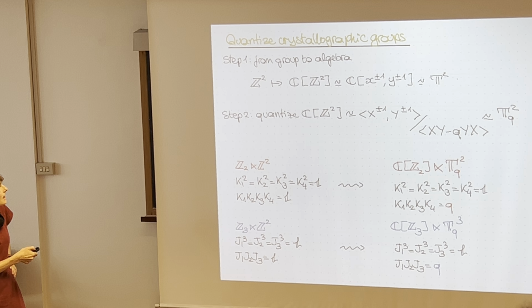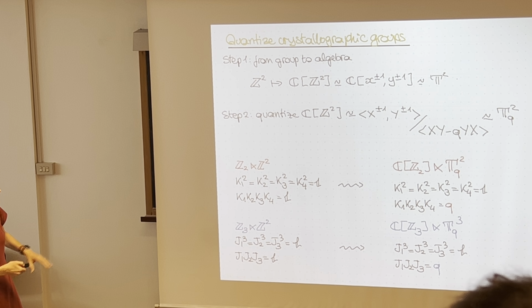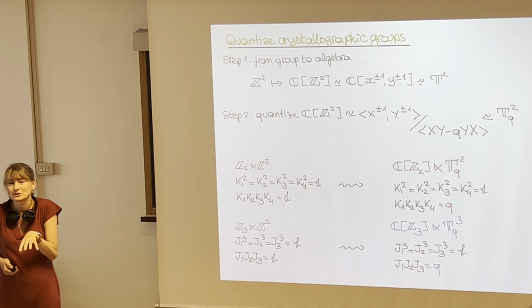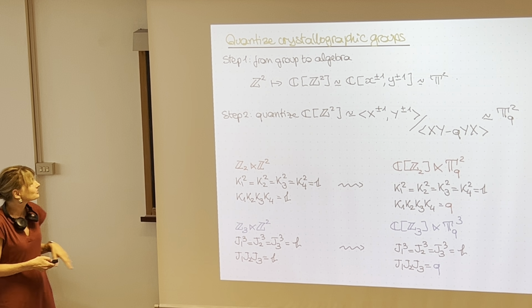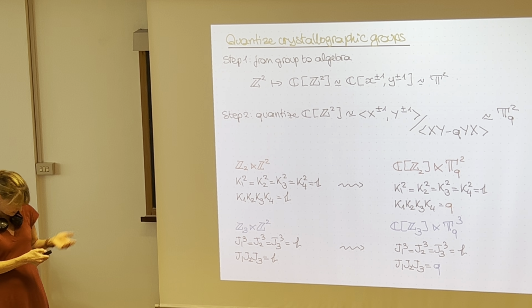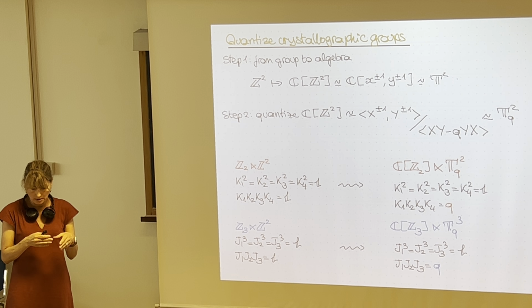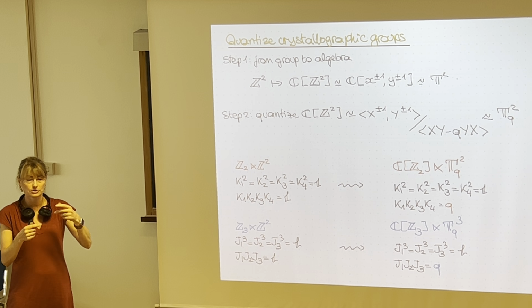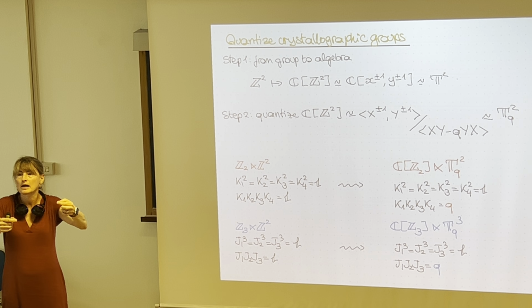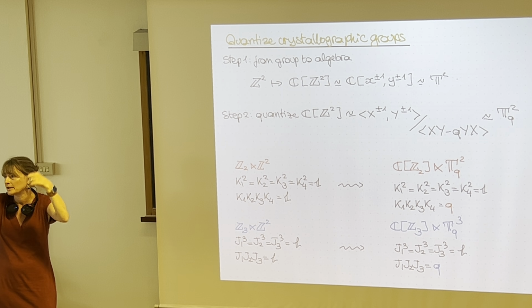To quantize the lattice, first of all, you cannot really quantize the lattice, at least maybe you know how to do this, but I don't. So you create an algebra out of this lattice, which is what is called the group algebra. Essentially, I can imagine my lattice to be given by n and m, and I think about x to the n and y to the m.